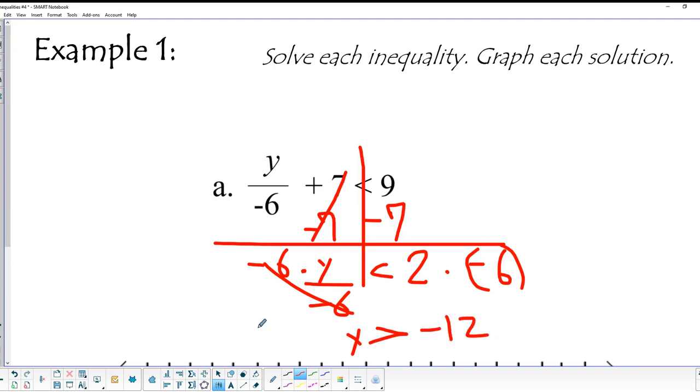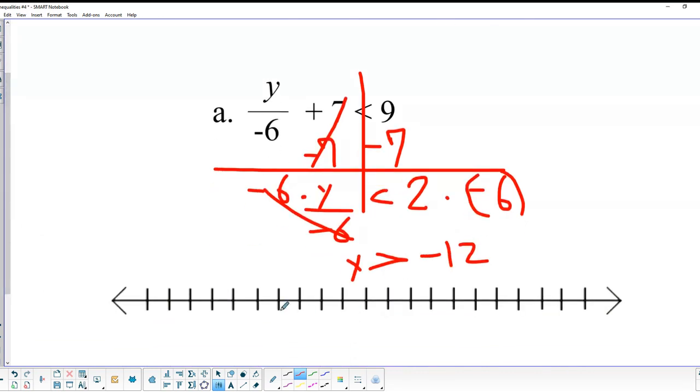So we end up with y is greater than negative 12. So to graph that, we just find a place that we would like to call negative 12. In this case, we're going to have an open circle and an arrow going to the right, just like that.